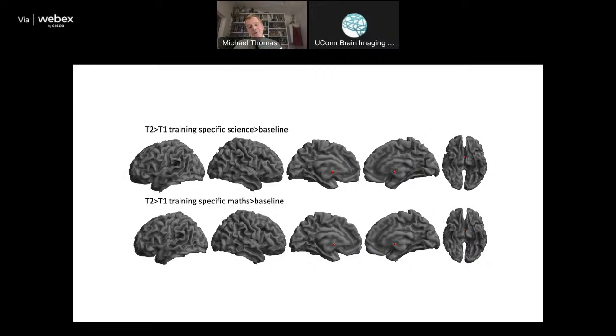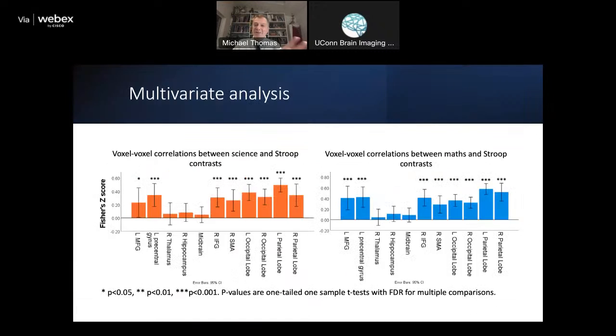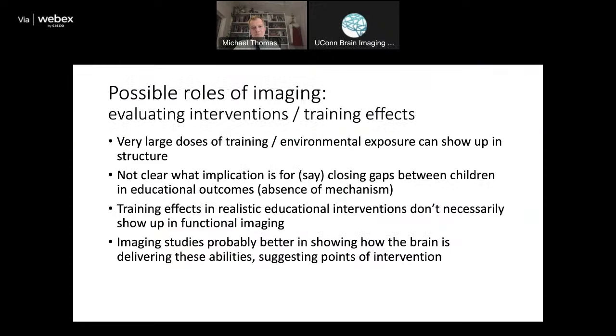So that just tells you that despite our best attempts to engage, use functional imaging to look at intervention mechanisms, the method is just not really practical or sensitive enough to help us here. All right, I'm going to jump through that. It did tell us more about what's going on in the brain during these tasks, but not the intervention component.